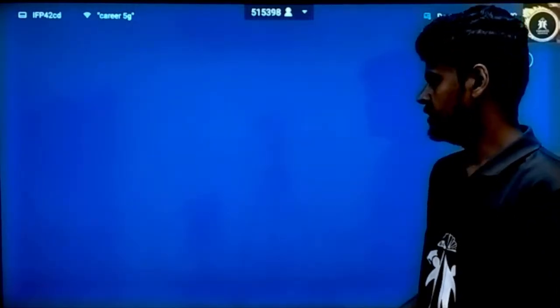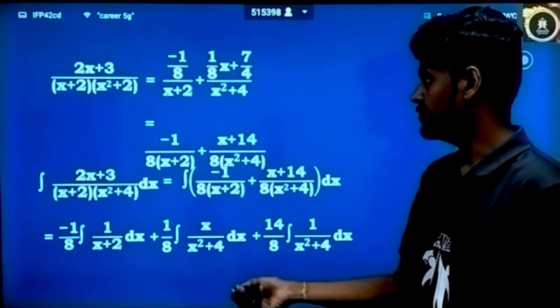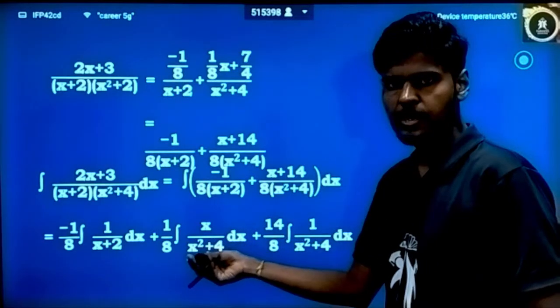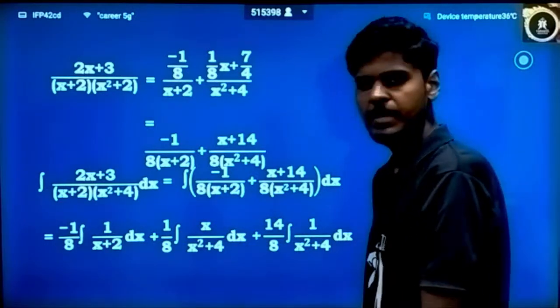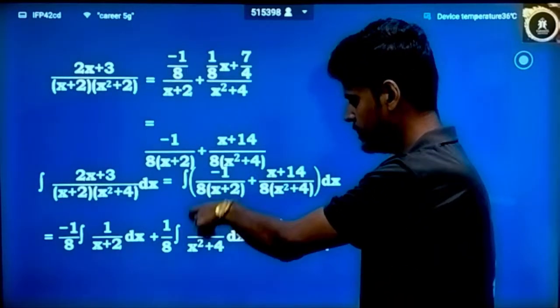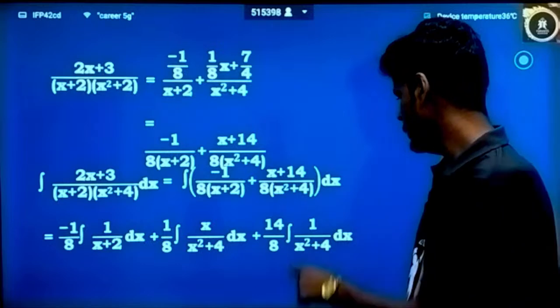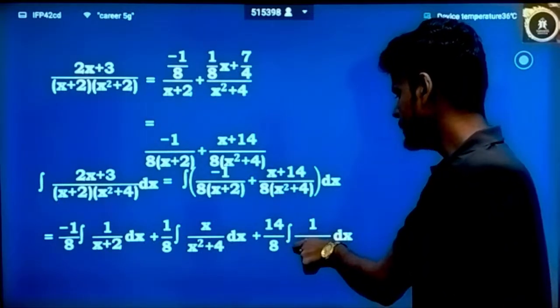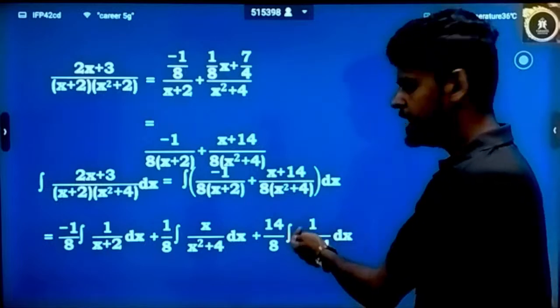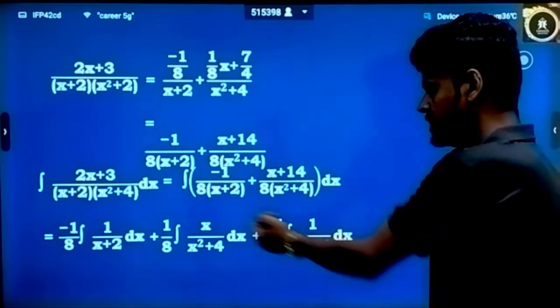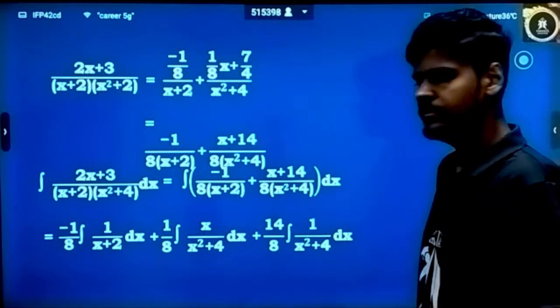Here when we substitute x by x square plus 4, differentiation of denominator x square plus 4 is 2x, so we can multiply and divide by 2 and this will become log of x square plus 4. Here we already have dx by x square plus a square. Answer is 1 by a tan inverse x by a. So this is a standard integrable form.